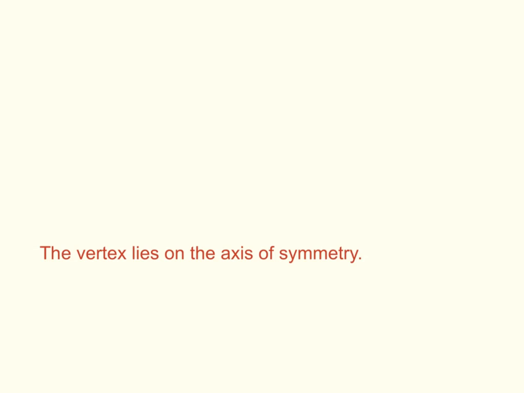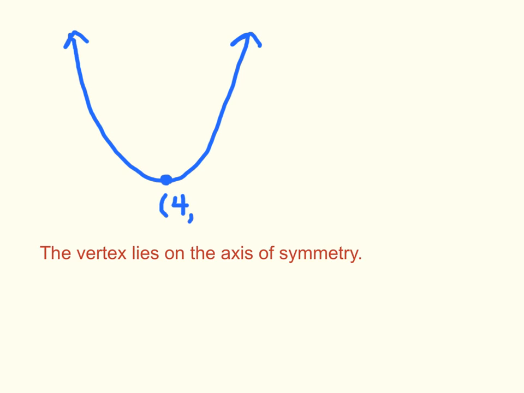Once we graph the parabola in the calculator, finding the vertex is sometimes just a very easy visual thing to do and find what ordered pair that might be. Let's say this parabola has a vertex of 4, negative 2.